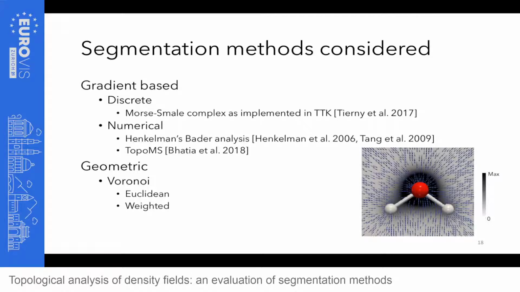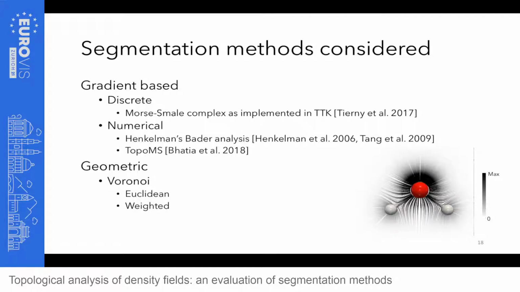We can show the streamlines corresponding to this gradient field. You can observe the separatrices in this gradient field. The separatrices divide the field into different regions depending on where the streamlines end. So each streamline ends on one particular maxima among these 3 atoms.